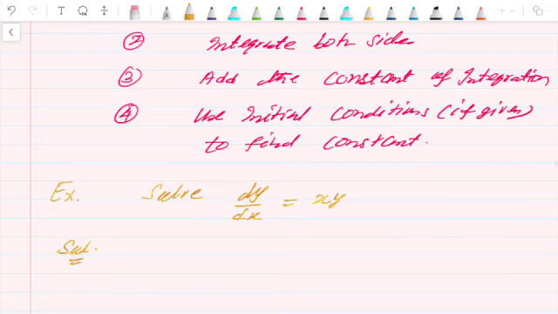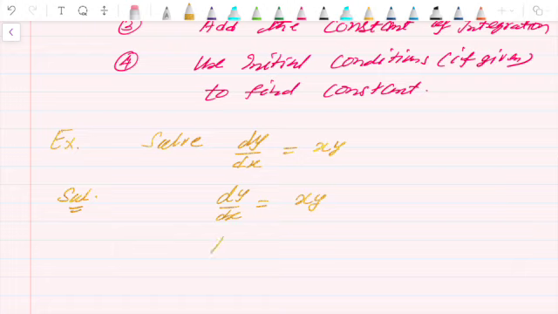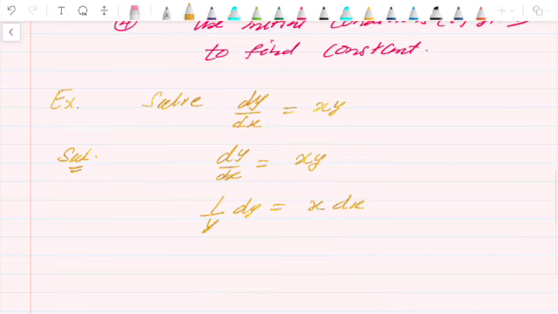In the solution we write the equation as it is again. First step, separate the variables: 1 over y dy equals x dx. Integrate 1 over y with respect to y, and integrate x with respect to x.